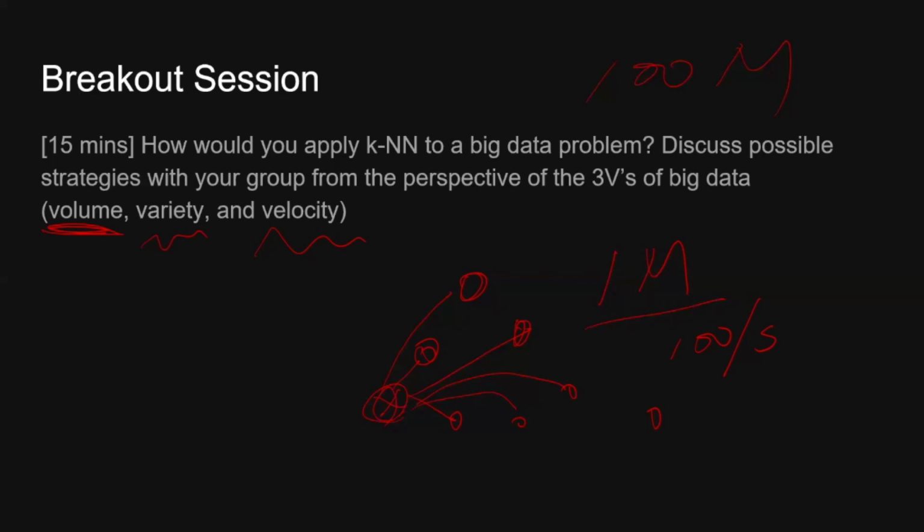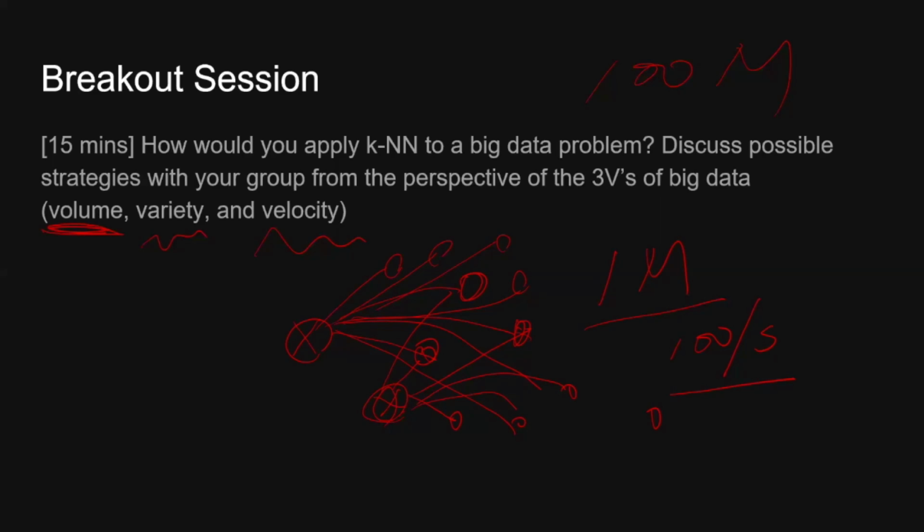So whenever a query point comes in, you need to compute the distance from the query point to all the data samples in your database, and your database is growing at a pace of 100 samples per second. What that means is the reference points are growing at a rate of 100 samples per second, so you have to compare the distance additionally to those 100 additional data samples each second. And when that kind of situation happens, what would be your strategy?